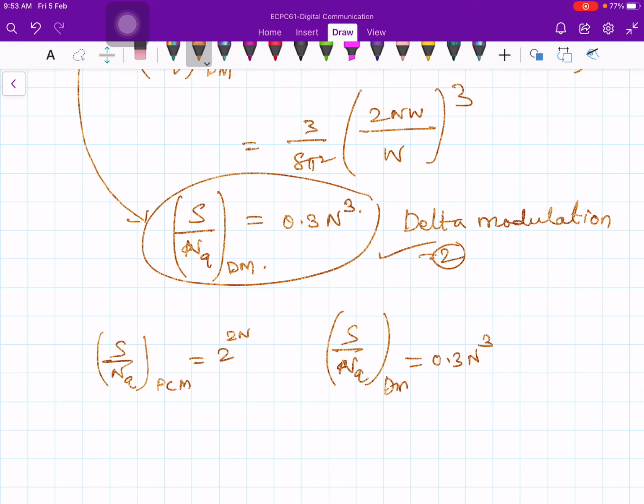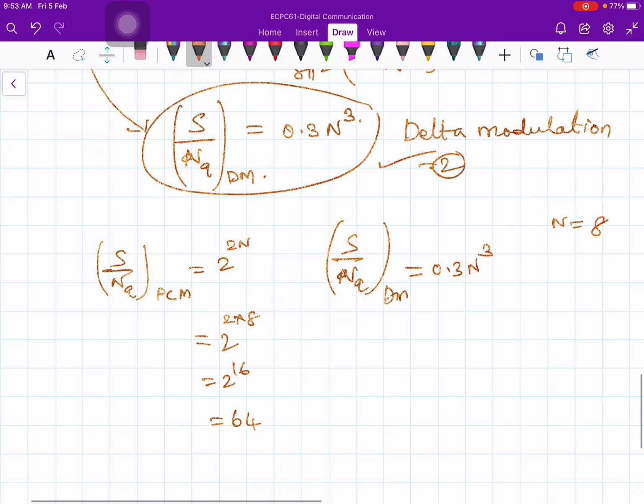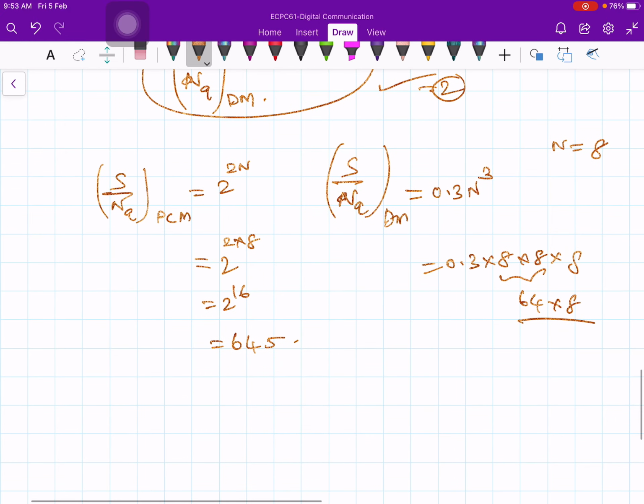Substitute n equal to, let's say, 8. Then 2 times 8 is 16, so 2 to the 16 is roughly 65,000, and this is 0.3 times 8 times 8 times 8. We also know the rule of thumb of 6 dB per bit in pulse code modulation. So for 8-bit PCM, the answer is approximately 48 dB.